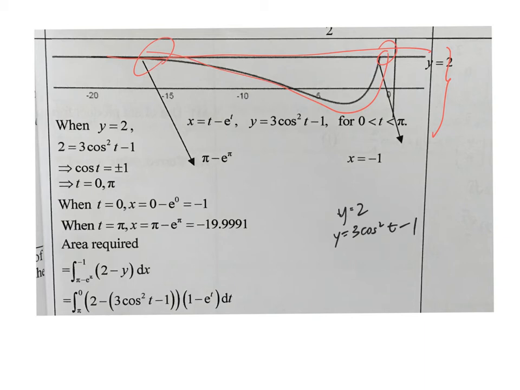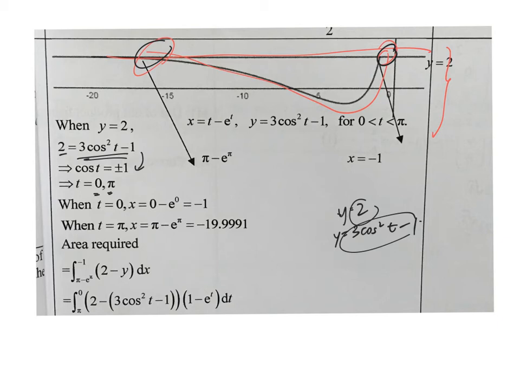After you equate these two functions, you can find the two coordinates. So if I equate 2 to 3 cosine square t minus 1, solving this, I'll get cosine t to be plus minus 1, with t equals to 0 or pi.